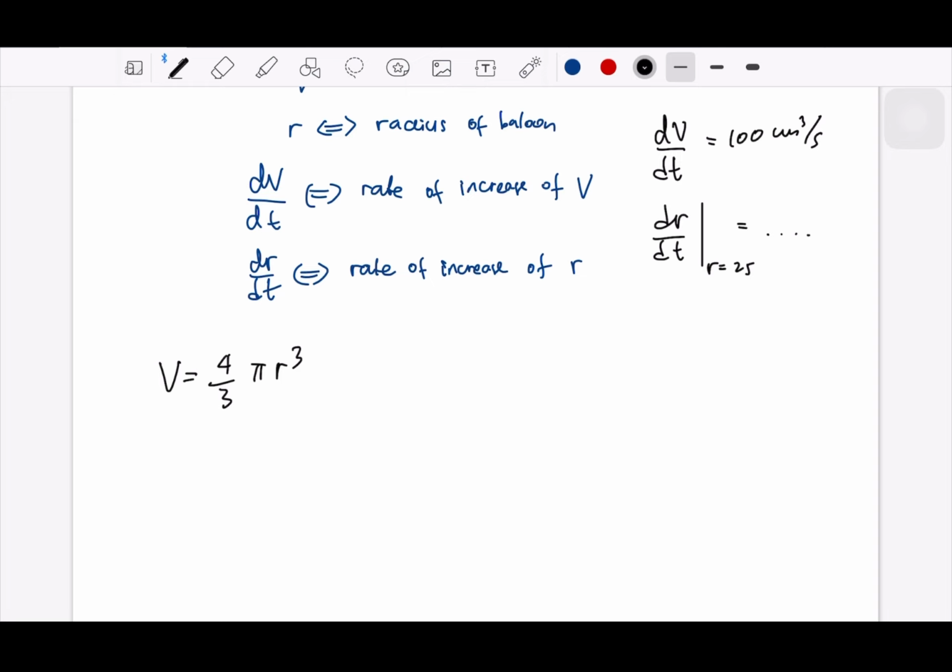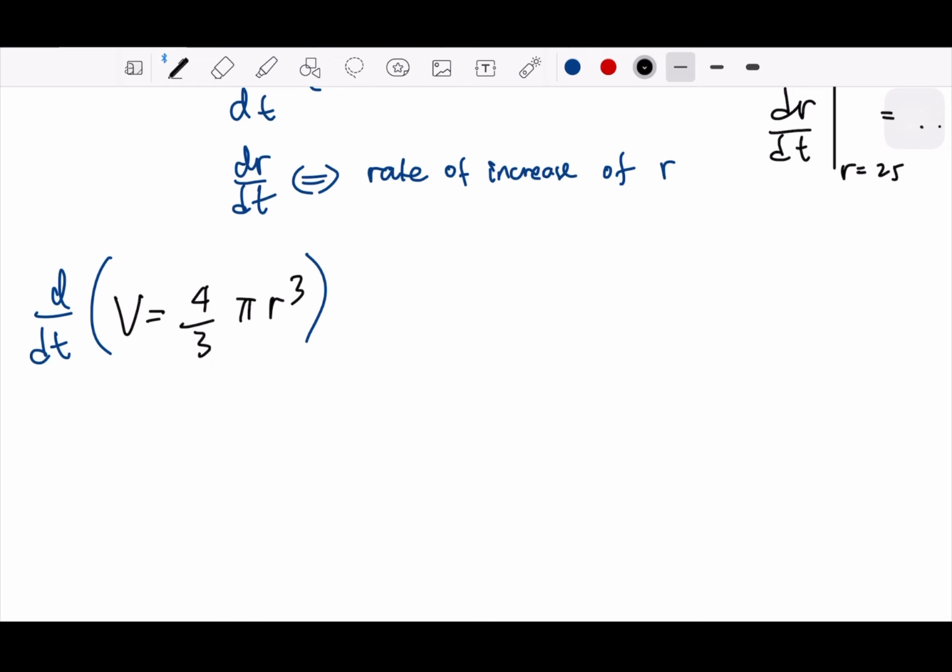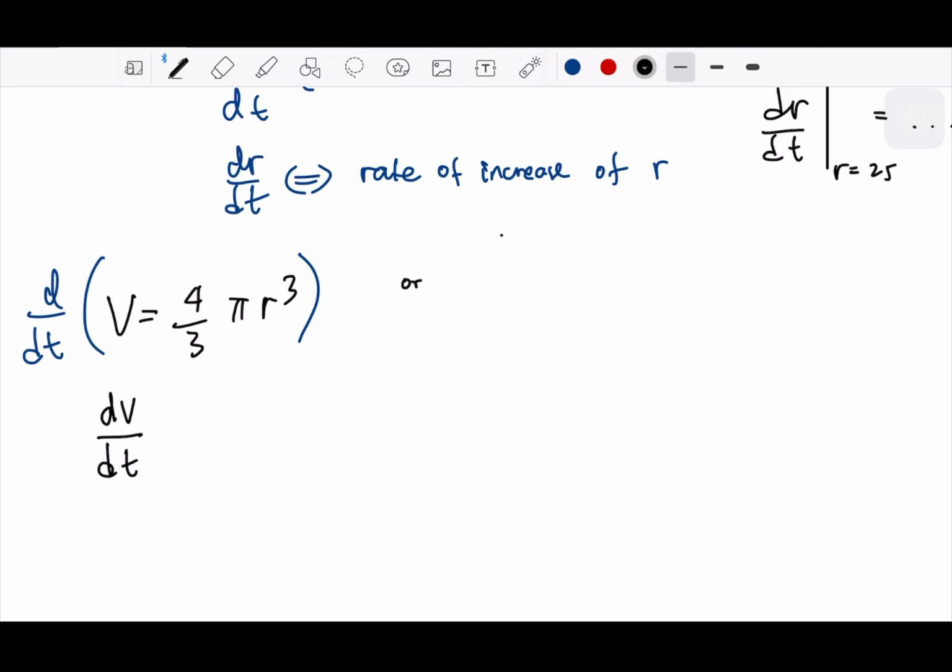Okay, so we derive with respect to t. So derive like that. Now this will result in dV over dt, or we can look at dV over dt as the chain rule from this formula.